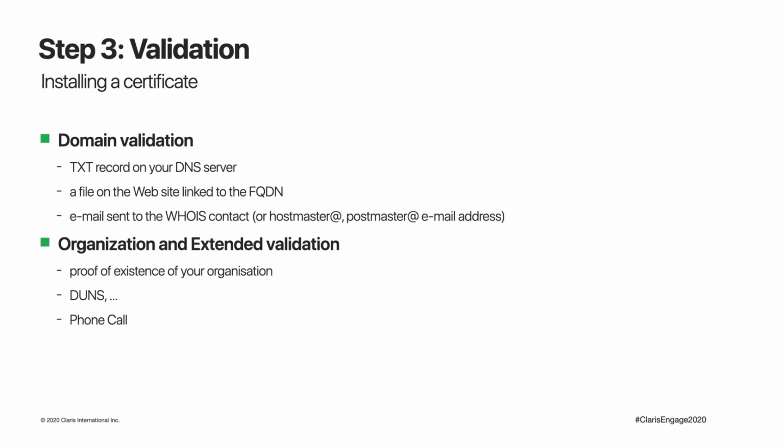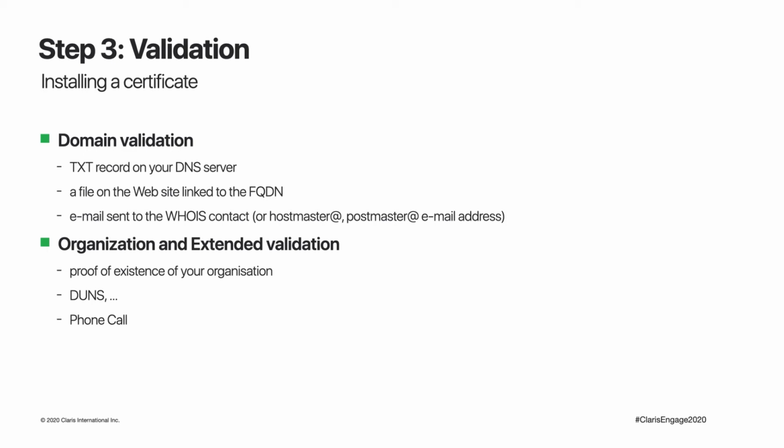For domain validation, there are most of the time three options. At the end of the process, you will obtain a code that you have to add as a TXT record to your DNS server. The second method is that you get a file and put it on the website linked to the FQDN. Of course, you should already have that website and it should be public.